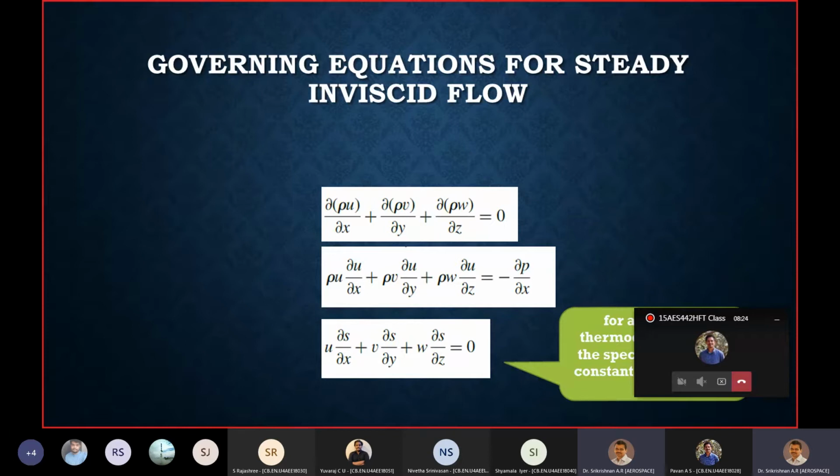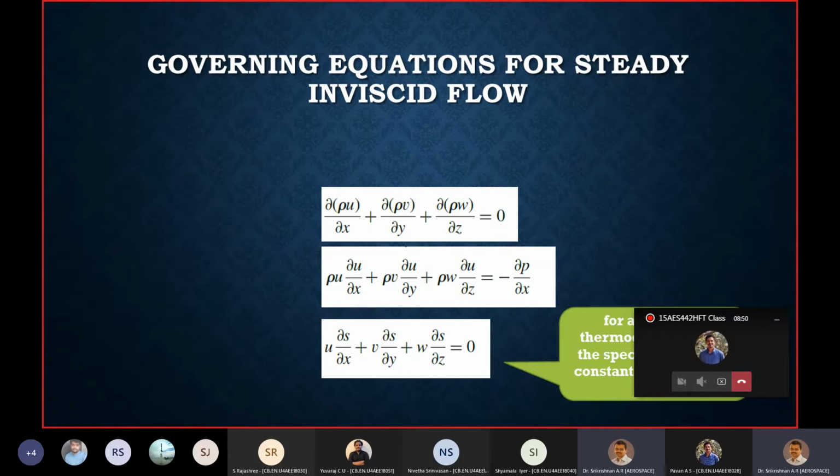So you have rho u, that is the mass term multiplied by the velocity. So rho u dou u by dou x plus, all are gradients in the respective directions, as we derive the conservation equations in the differential form. So rho u dou u by dou x plus rho v dou u by dou y, etc., is equal to minus dou p by dou x.